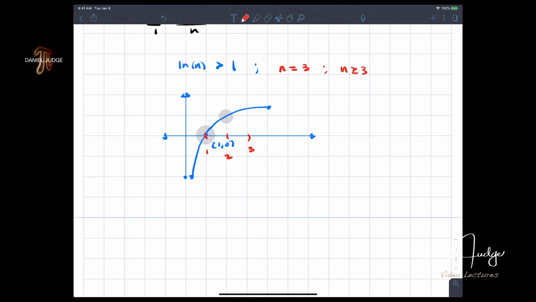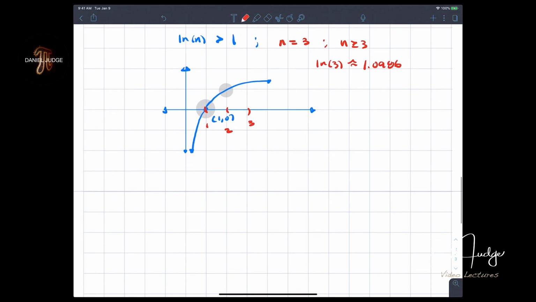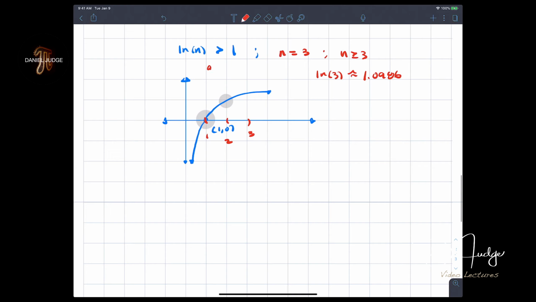So let's get this out for you guys. Okay, let me get my trusty calculator. Natural log 3, ladies and gentlemen, so you guys know, is approximately 1.0986. So starting at 3. Anyway, this is going to be okay because it's not about where it starts, it's about where it ends.